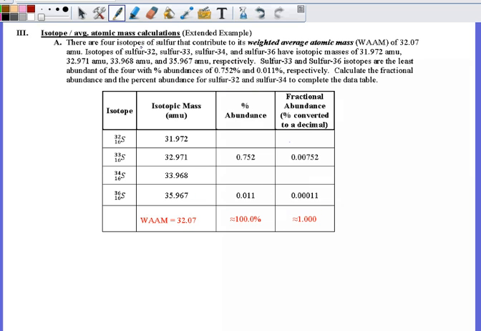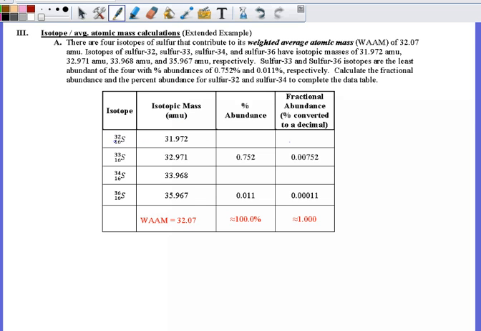In this question, you're given some information, and I've put it into a table. This helps me visualize what all this gobbledygook up here says about this particular problem. So you have the isotope notation right here. You have information from the problem, the isotopic mass in atomic mass units for each one of those.